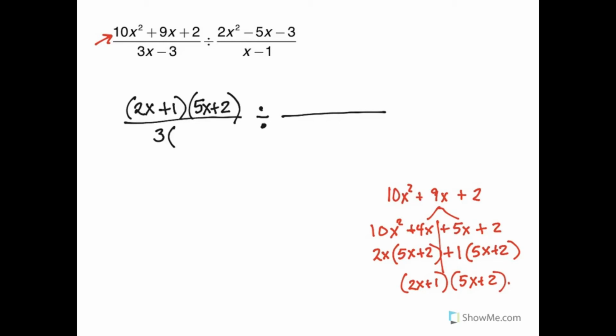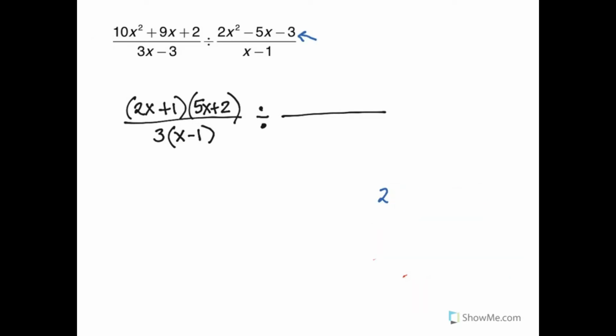3x minus 3, I can factor out a 3, and I get x minus 1. Now I'm going to look at 2x squared minus 5x minus 3. 2 and 3 are both prime, so it has to factor into 2x times x. Now, one is going to have a positive and one is going to have a negative, and I'm just going to try things until I get negative 5 in the center.